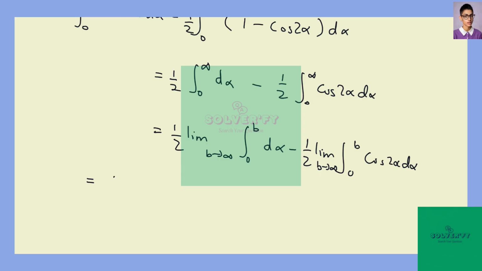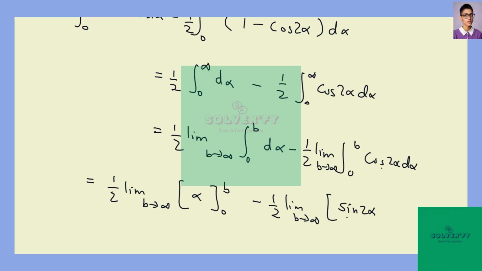So this is the limit as b approaches infinity of alpha evaluated from 0 to b, then minus this half. And let me bring the limit as b approaches infinity of, if we take the integral of cos 2 alpha, then we'll have sine 2 alpha on 2.